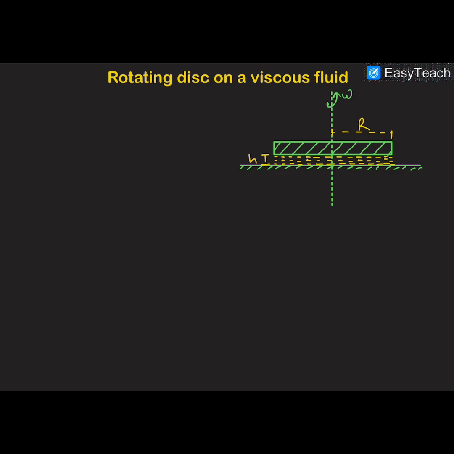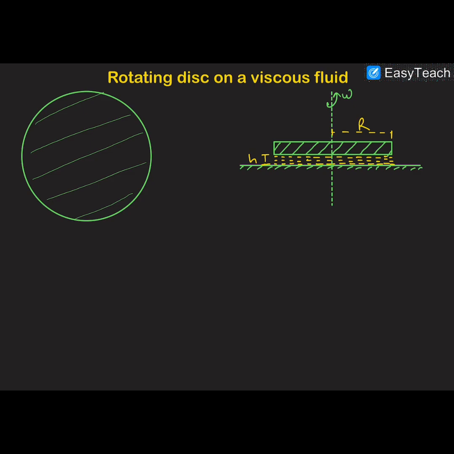We give an initial angular velocity omega naught to this disk, and we have to find the angular velocity of the disk at any time t. Obviously, this layer of fluid will retard the disk by applying some torque on it.